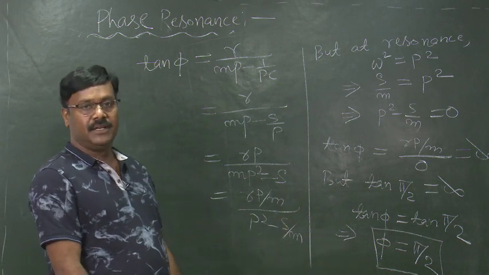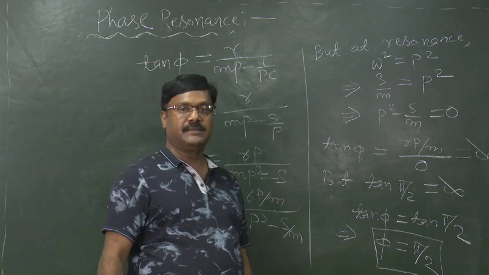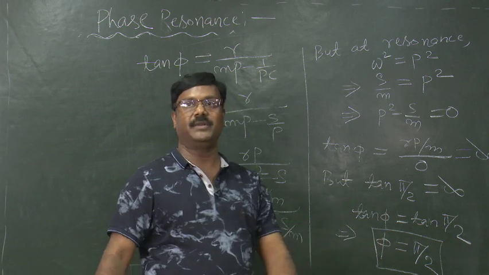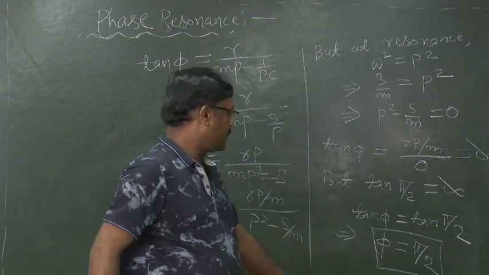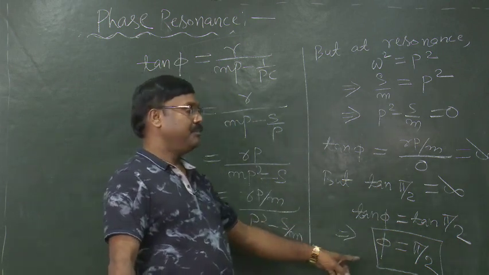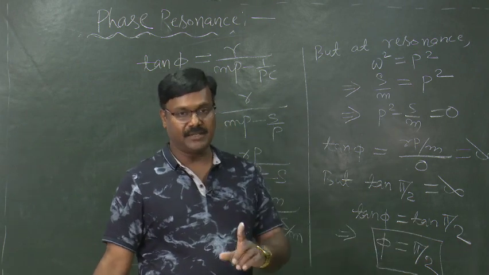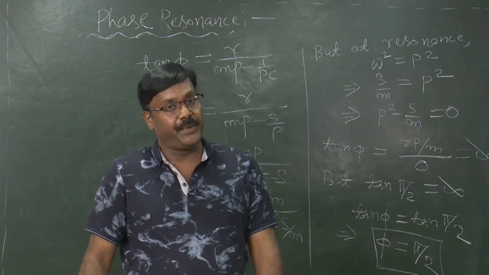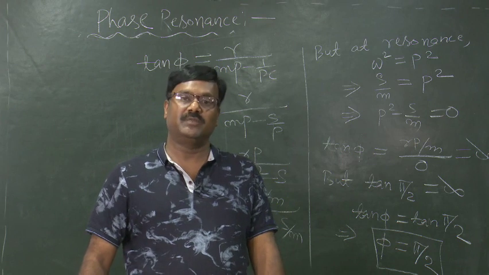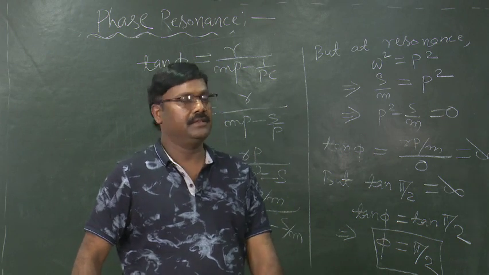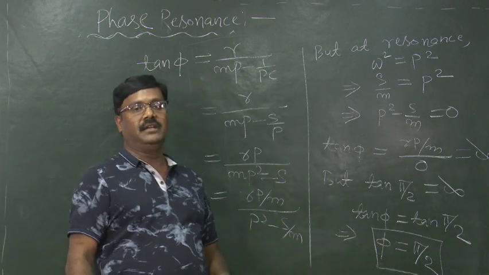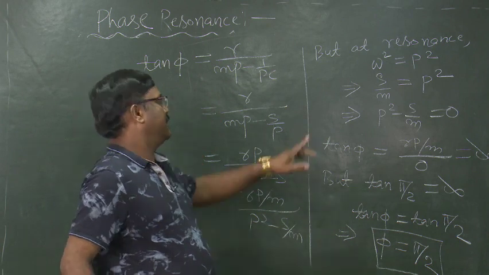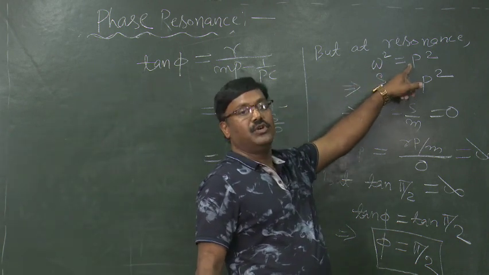Hence, we can conclude that the phase of the vibrating body at resonance is pi by 2. That means, when the phase of a body becomes pi by 2, then resonance occurs, and at this stage omega square is equal to p square.